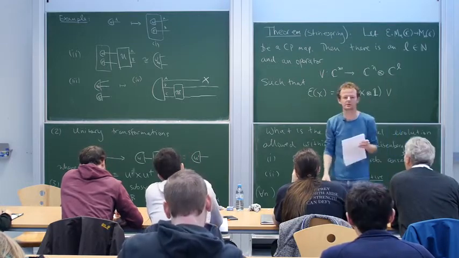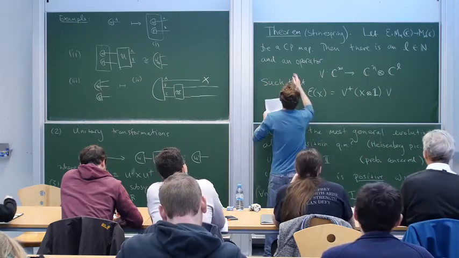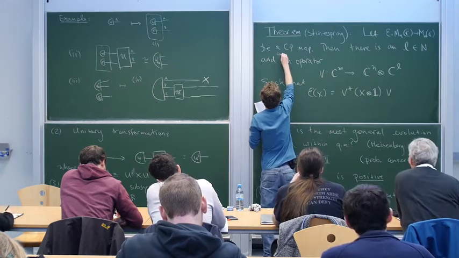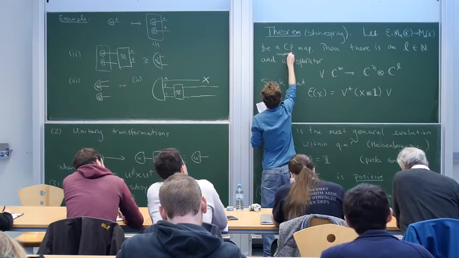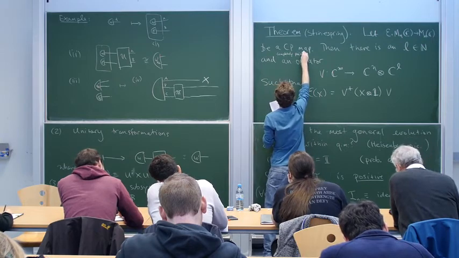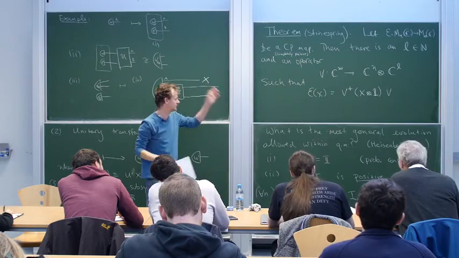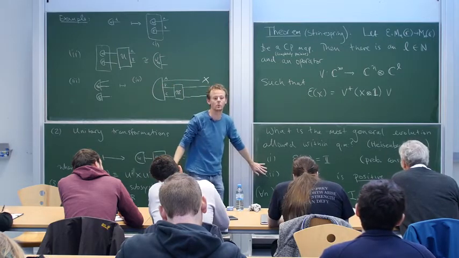Oh, CP, sorry, I didn't define that. Completely positive. CP means completely positive, which means any map satisfying 1 and 2.